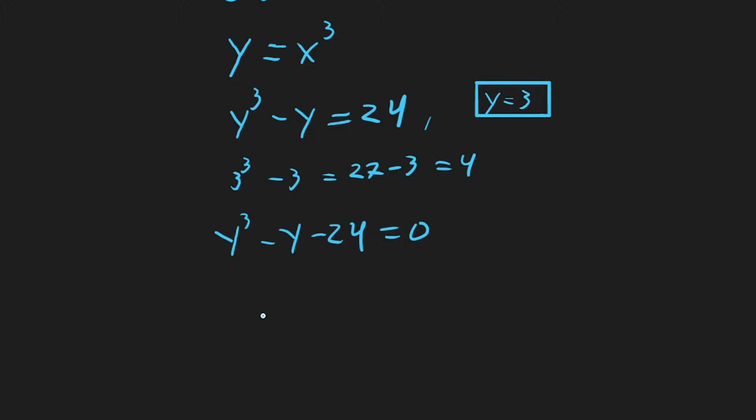So we know that we can make a parenthesis y minus 3, and we have to multiply this with another parenthesis to get this. And first of all, we will have to say y squared, because y multiplied by y squared, that must be y cubed. And then we'll look at this constant, 24 divided by 3, that will give us 8.